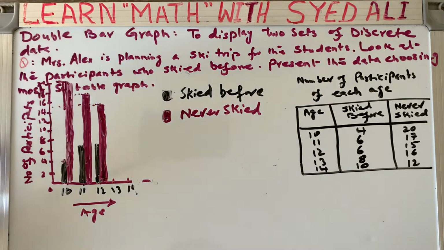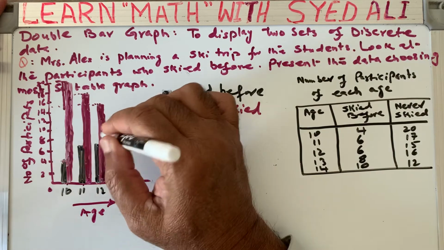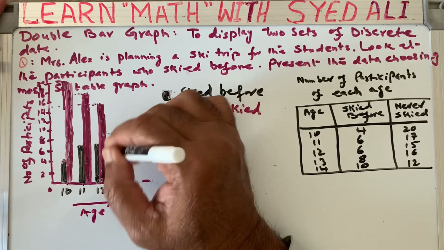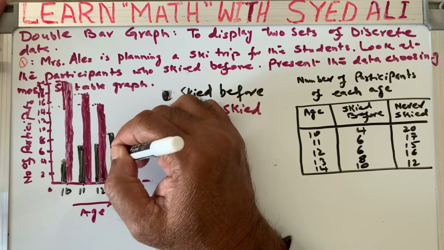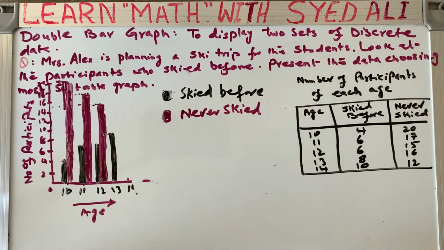Right? Next one is at the age of 13, there were 8 skied before. So at the age of 13, there were 8. So 8 is this. So at the age of 13, I have this. 8 skied before, and 16 never skied.